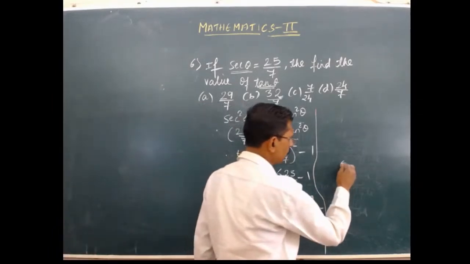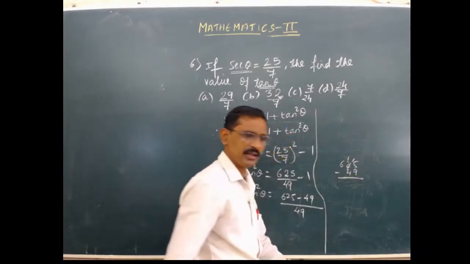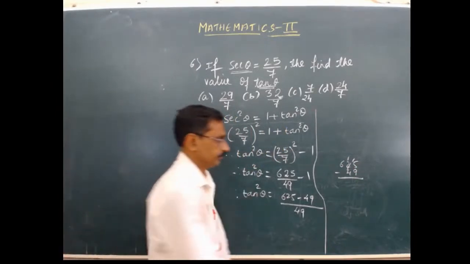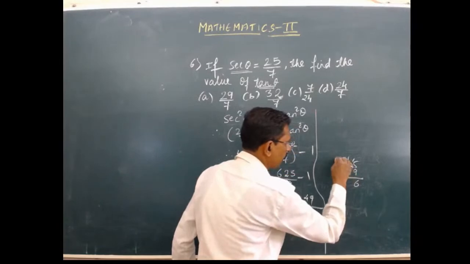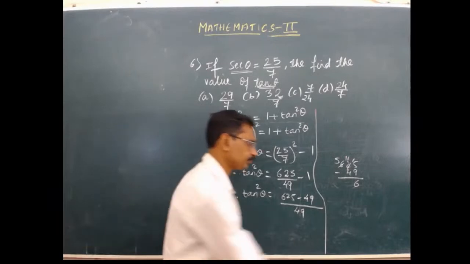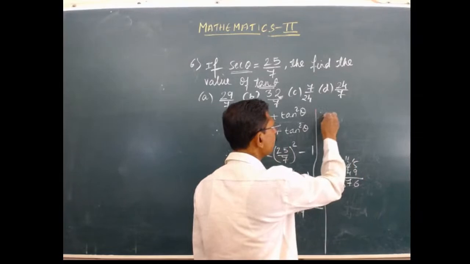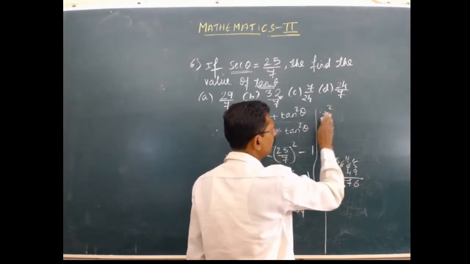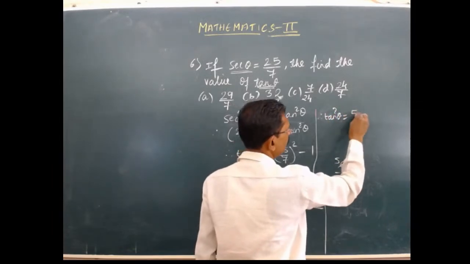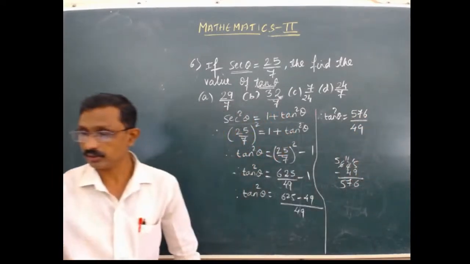Let's see. 625 minus 49. What we got? 576. Therefore, tan square theta is equal to 576 upon 49.